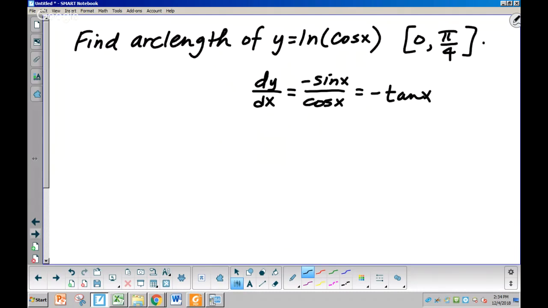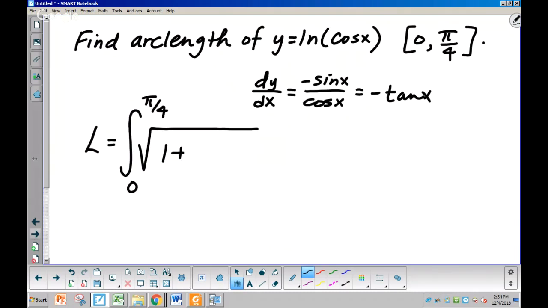Okay, so the arc length is going to be the integral from 0 to pi over 4 of the square root of 1 plus tan squared x. Isn't it negative tan squared? Well, I'm squaring it. I'll show it in 2 steps.